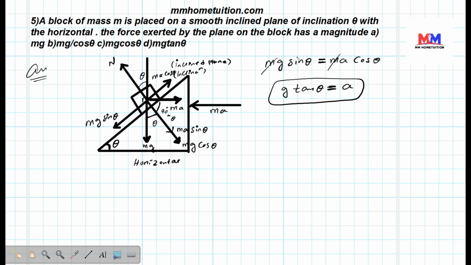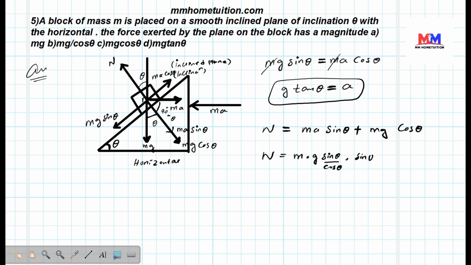So N equals how much? N equals ma sin theta plus mg cos theta. That equals m times a, where a equals g tan theta, and tan theta is sin theta by cos theta, into sin theta, plus mg cos theta.